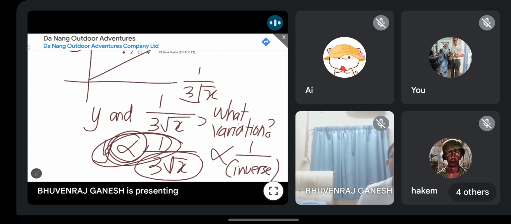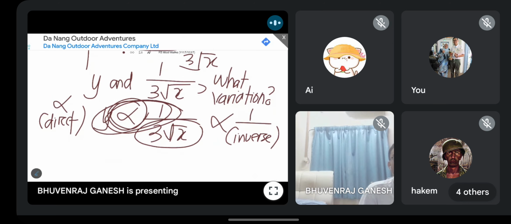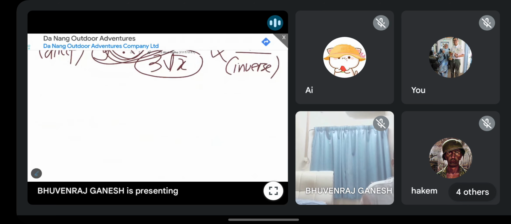Whenever you see a symbol like this, if just alpha, it means direct. Remember this concept. Whatever the variable, no matter how it looks, it's still the same. Nothing changes. So this is the first question you all must know for revision.